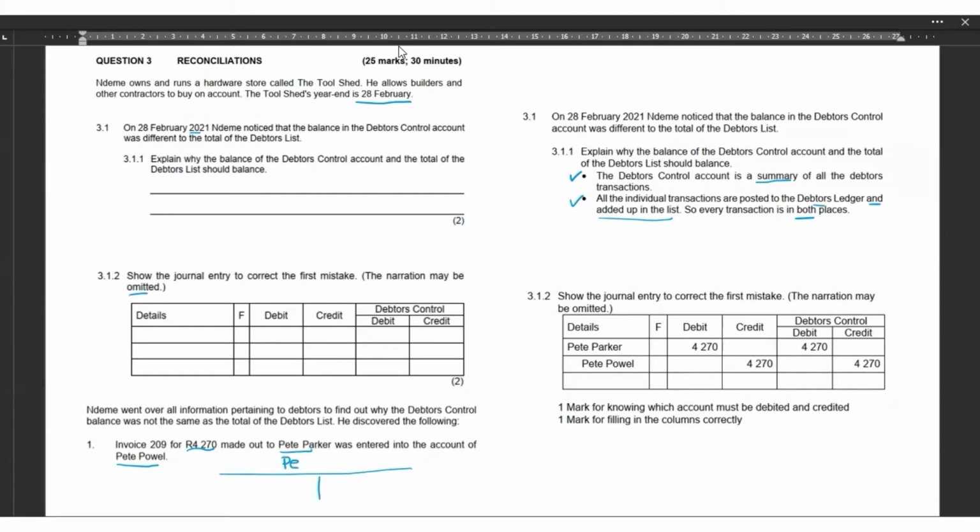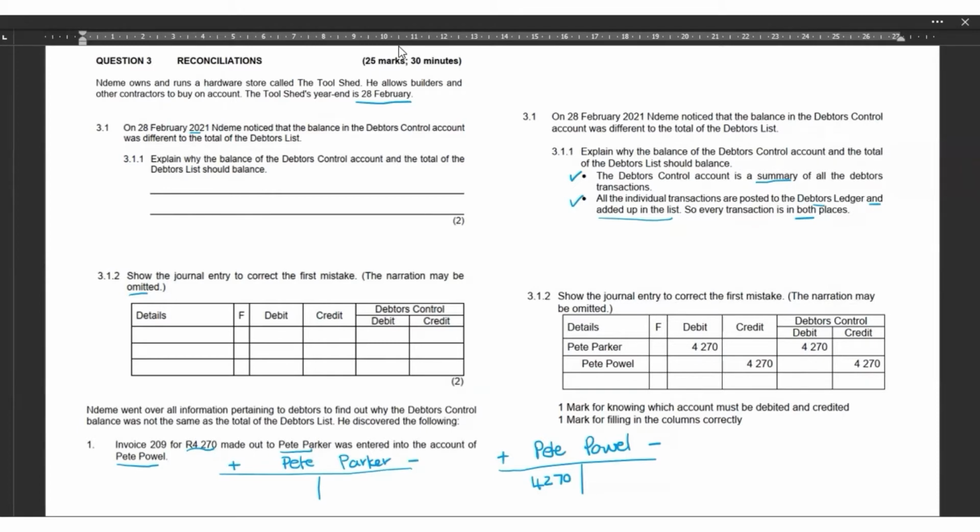Pete Parker and Pete Powell. What was done? It was entered into Pete Powell's account. Where should it have been? It should be in Parker's account.